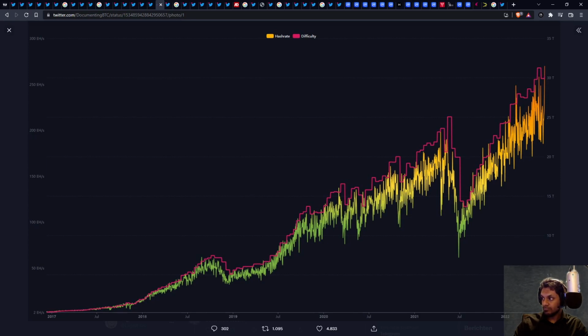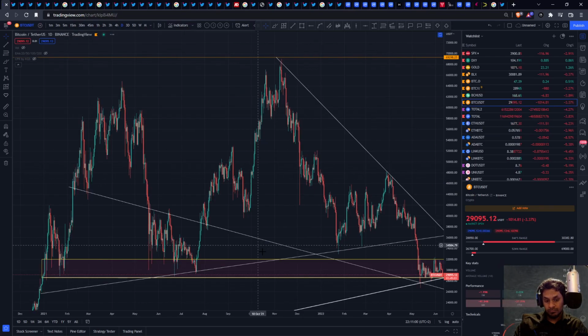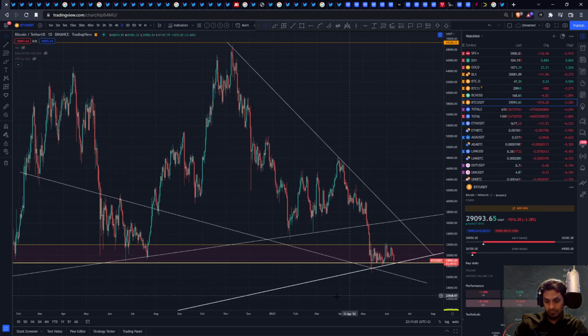You notice that sudden drop in hash rate and difficulty that didn't coincide with the drop in Bitcoin. The steep drop that got Bitcoin to around 30K happened around May, but this happened basically in July. Miners were getting into the network, and the network is programmed so that a new block is mined every 10 minutes.